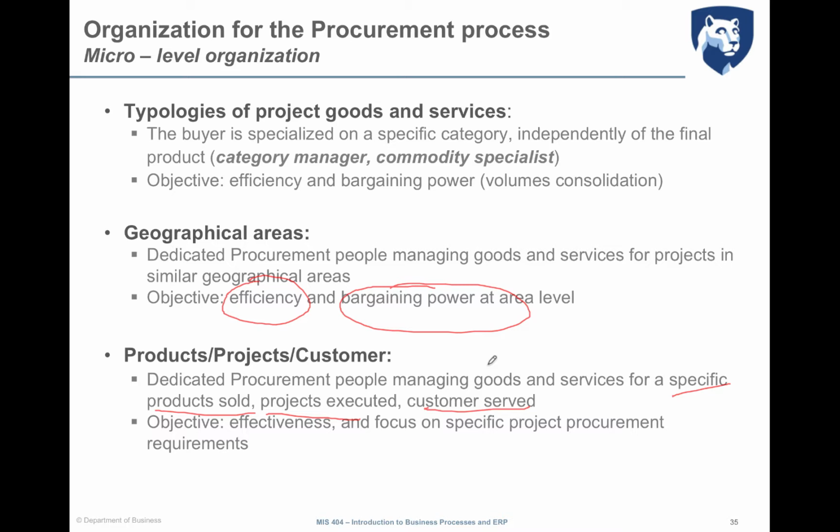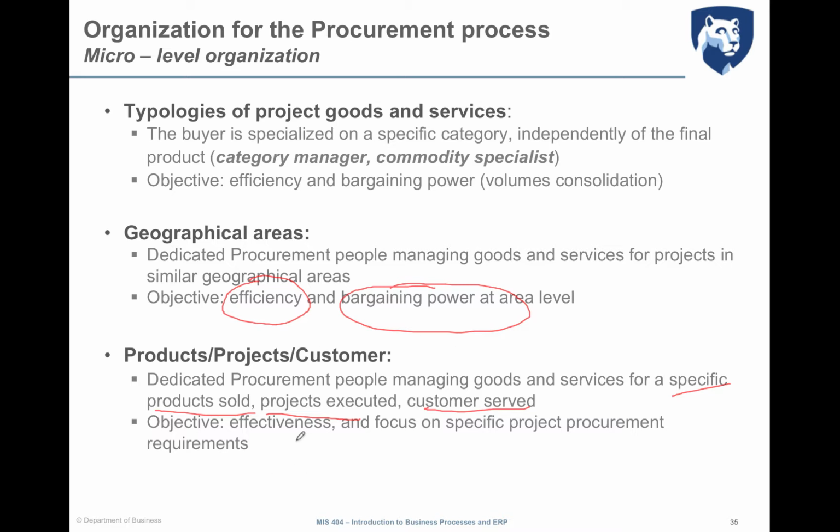These are types of projects that the company executes: civil, construction, air, and so on. And for each type of project, it has a specific procurement department, specialized in buying for the different project typology. This is again an output perspective.